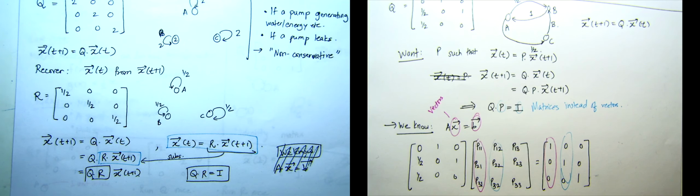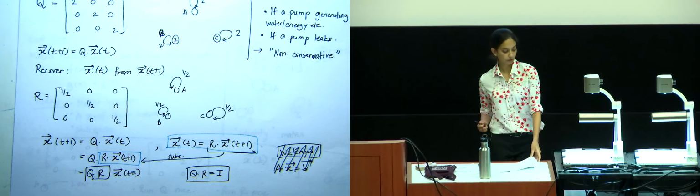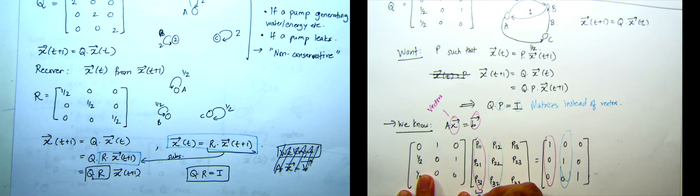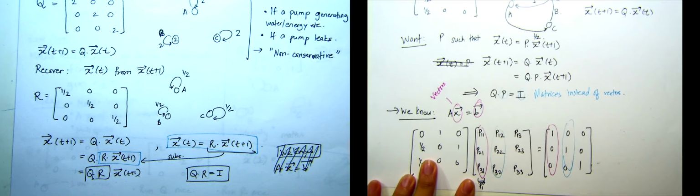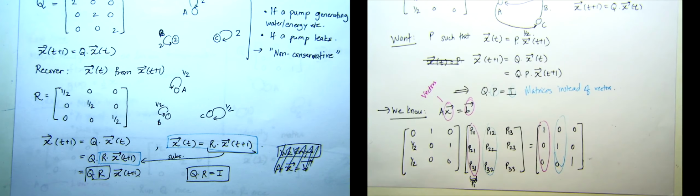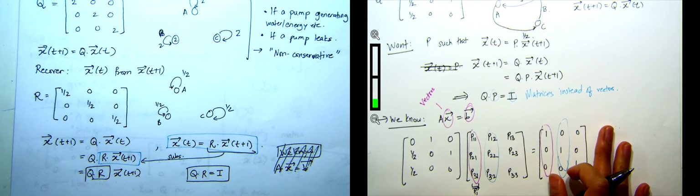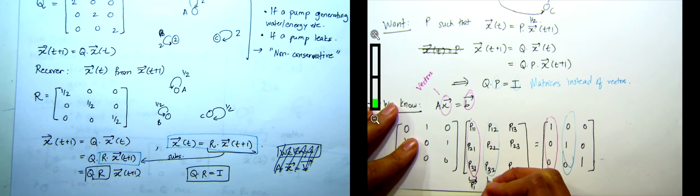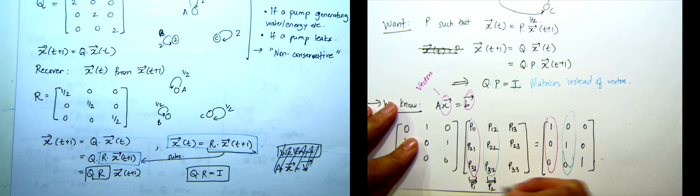So now, what do you feel like doing? If we call these vectors, let's say this vector is P1, this vector is P2, this vector is P3.